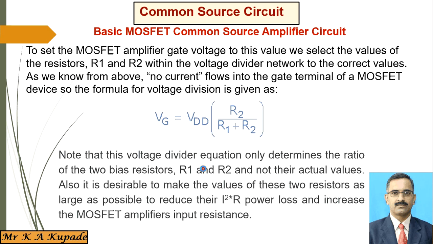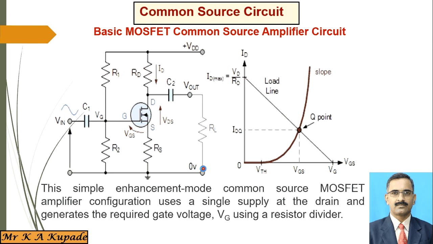Got this? Remember this circuitry, how the common source circuit is used for input and output, and how the entire circuit works. We'll see the load line as well as the Q point in coming lectures.